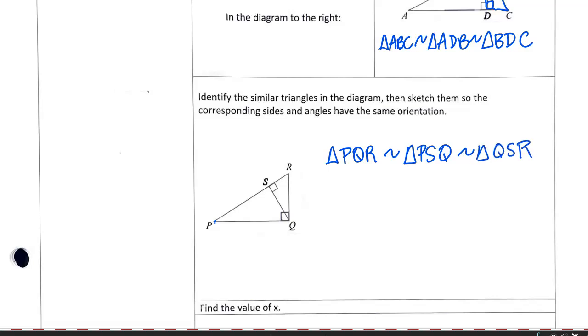So what I always do is try to find a starting point. I really like starting with the tip of the longest leg that goes down to the right angle. That just helps you keep it consistent.